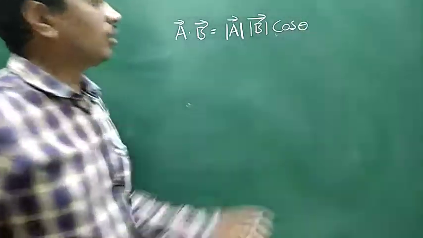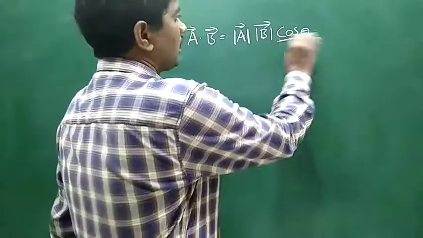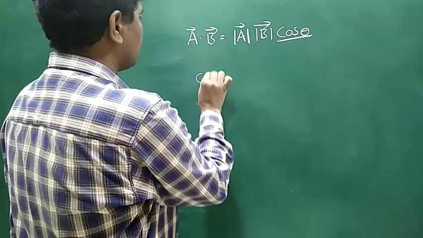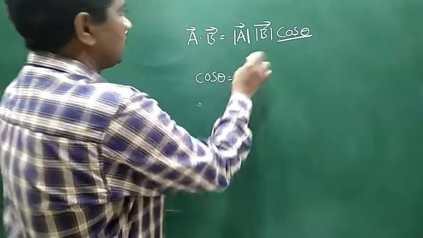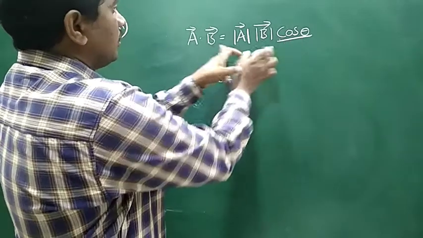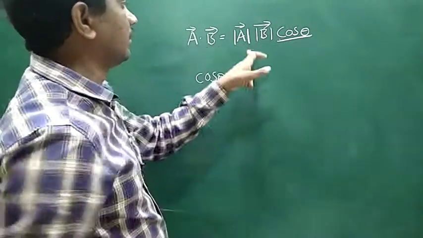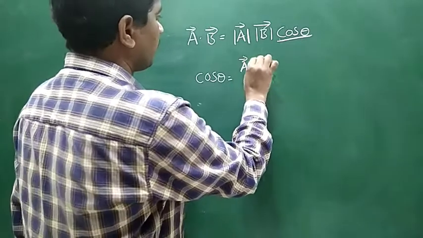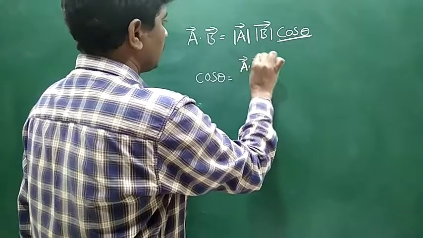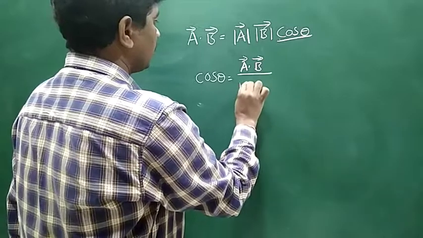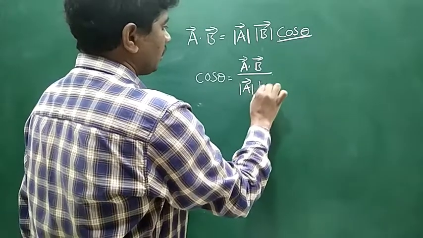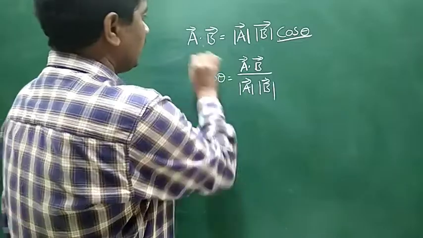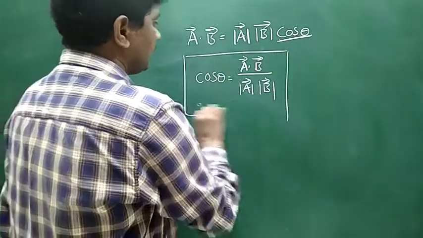To find cos theta, what is multiplication on one side becomes division on the other side: cos theta equals a bar dot b bar by mod a bar mod b bar. This is the important property of the dot product.